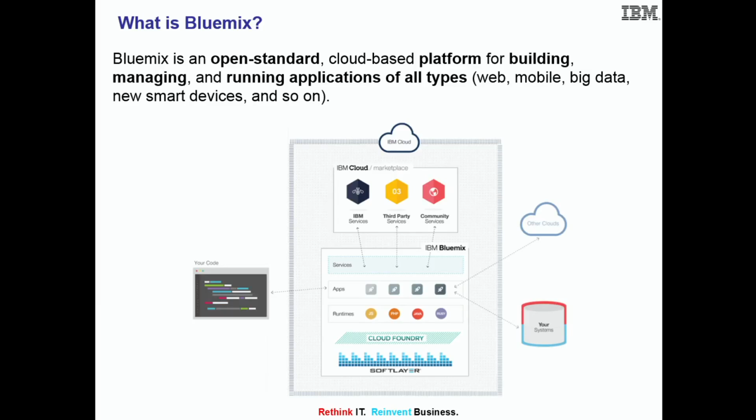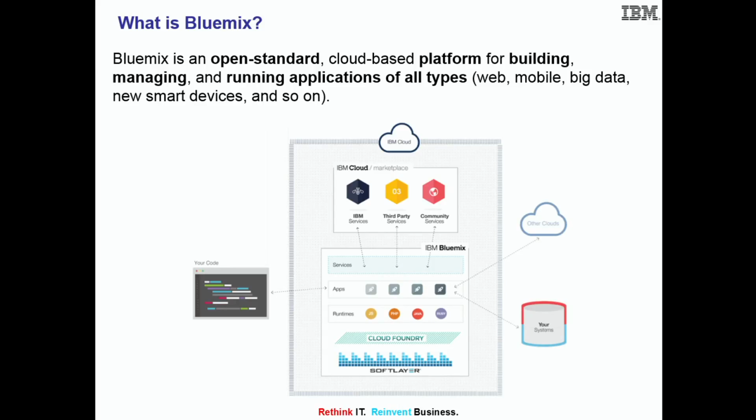On top of Cloud Foundry, you have something that's called services. There is a catalog of more than 100 services, and you can bind services to your application container and use what they provide.